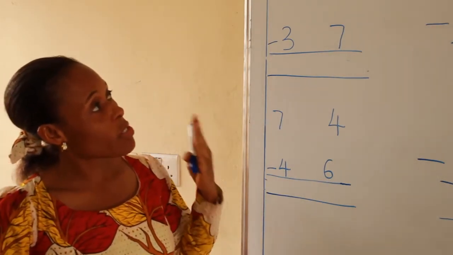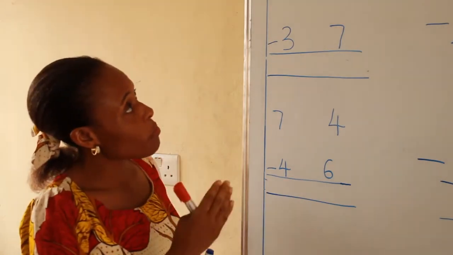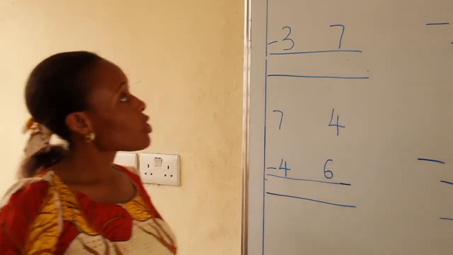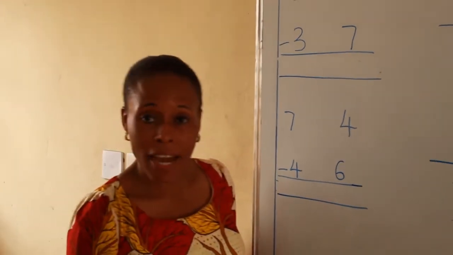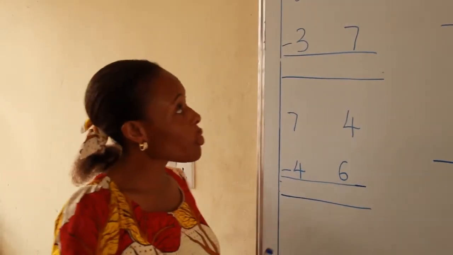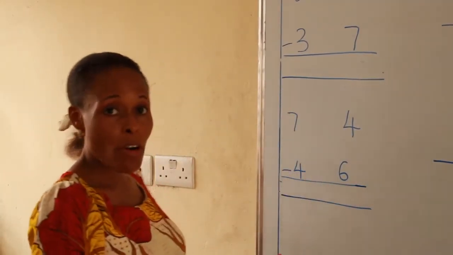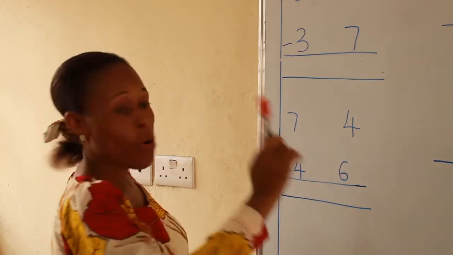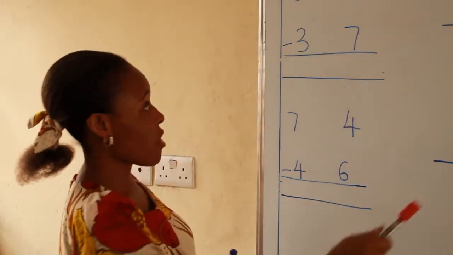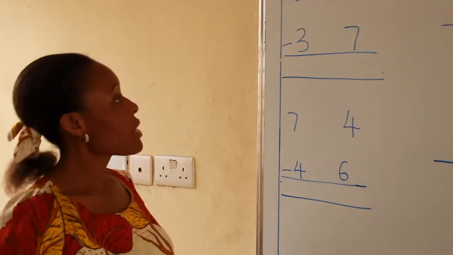So what is dynamic subtraction? Dynamic subtraction involves borrowing over one number.